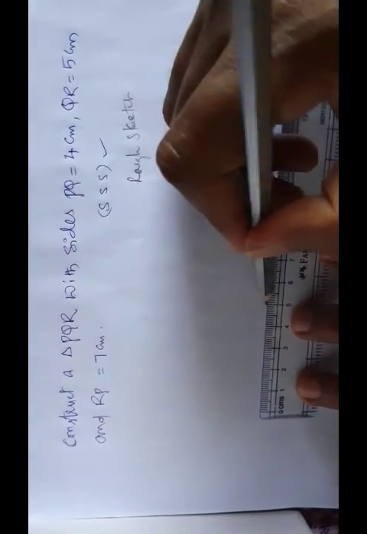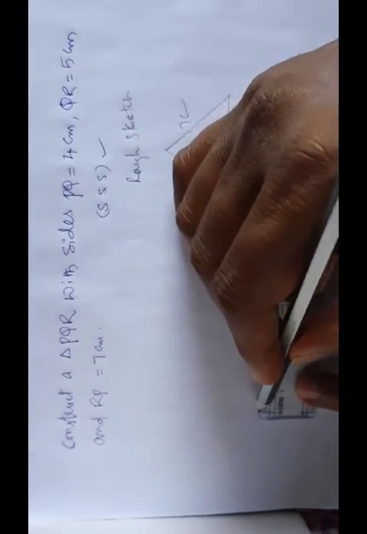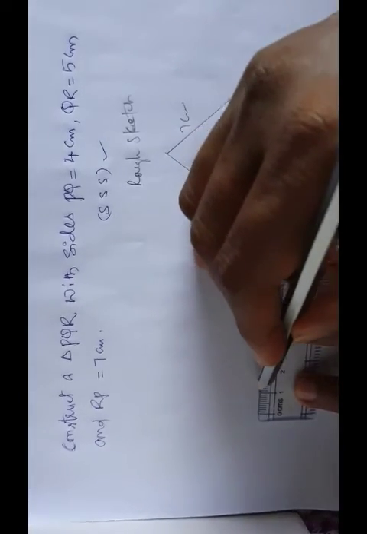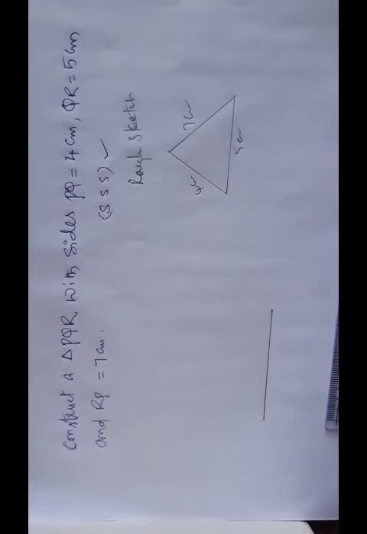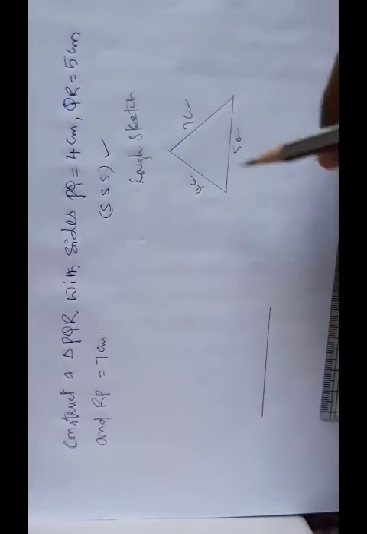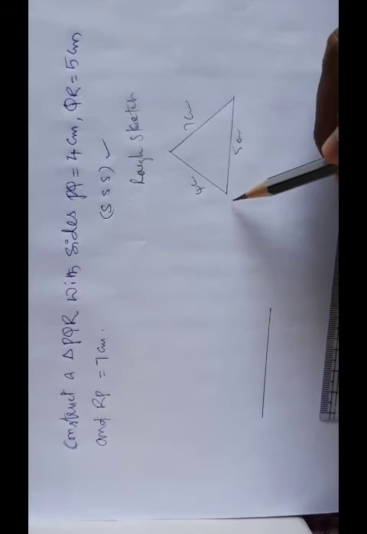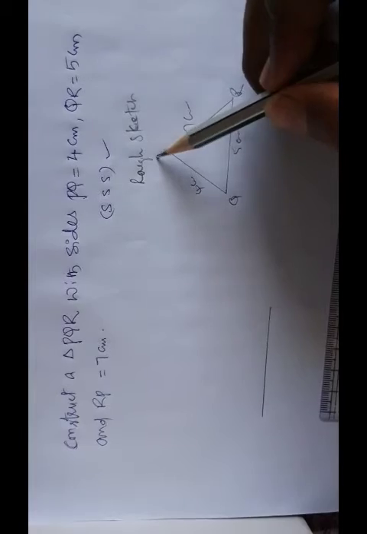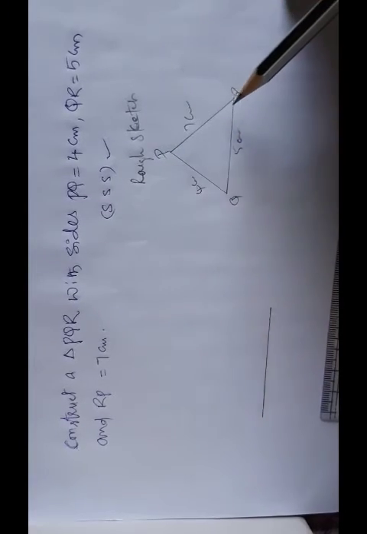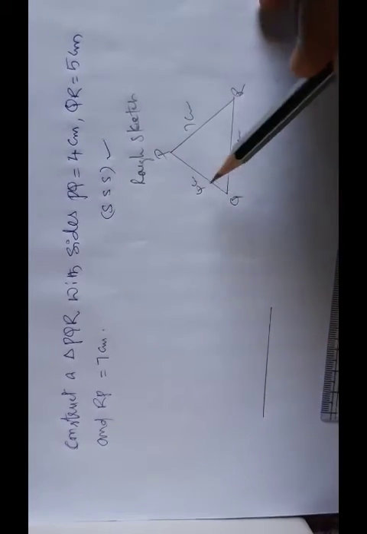So put 2 points and join those two. We'll get a base. And one more thing, they said PQR. So the 5 centimeters I've taken is QR. So Q and R, and after that here P is there. Now P and R, how much?